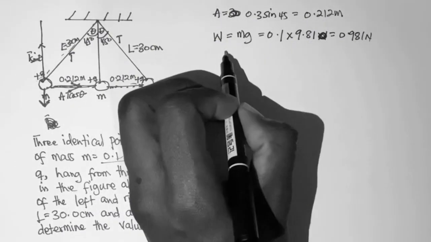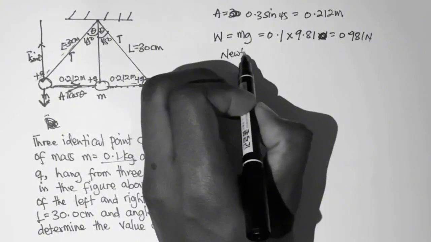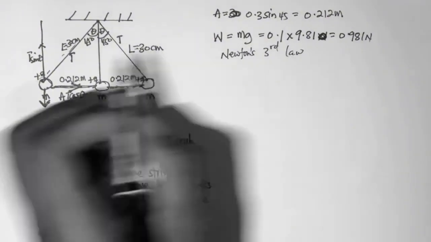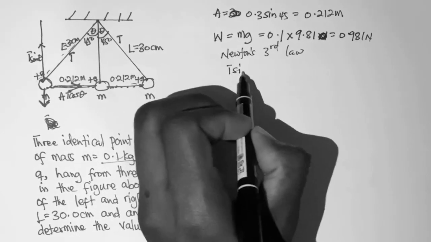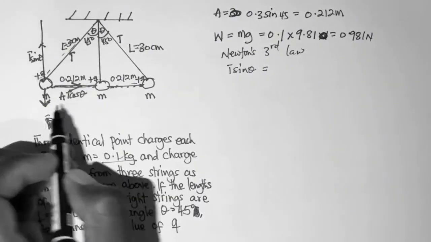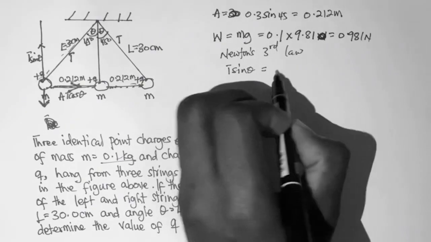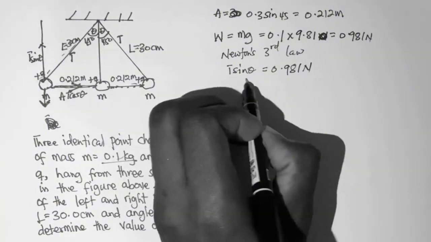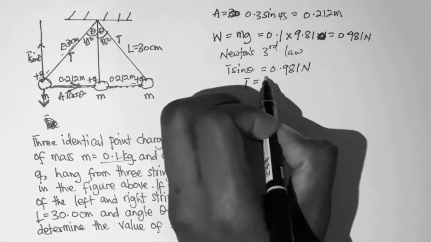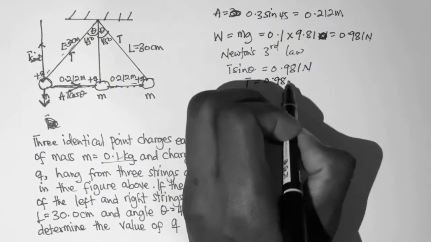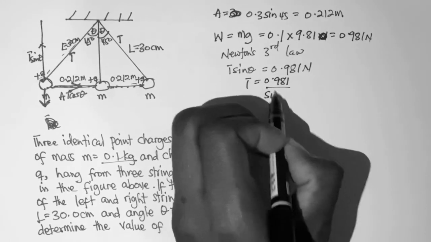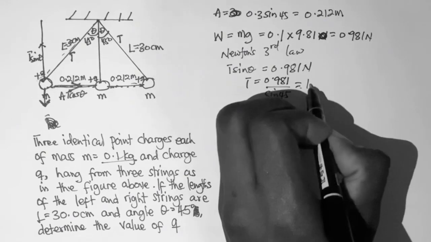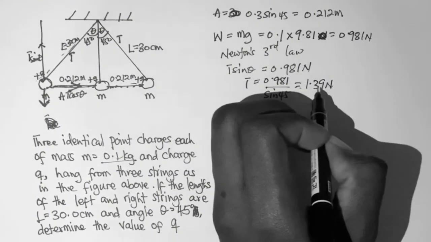You see that this T sine theta is equal and opposite to the weight. So from Newton's third law, we can conclude that T sine theta is equal to the weight, which we got as 0.981 newtons. So T is equal to 0.981 divided by sine 45 degrees, and if you compute that, you are going to get 1.39 newtons.